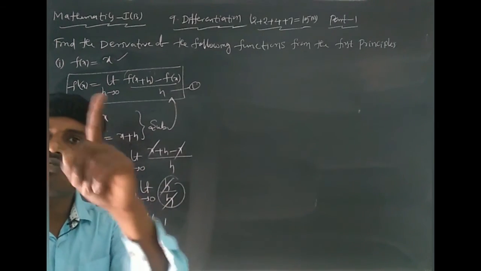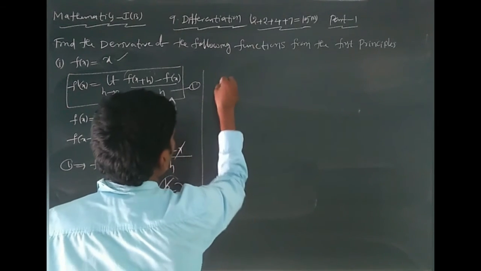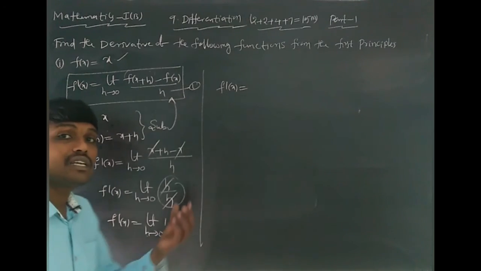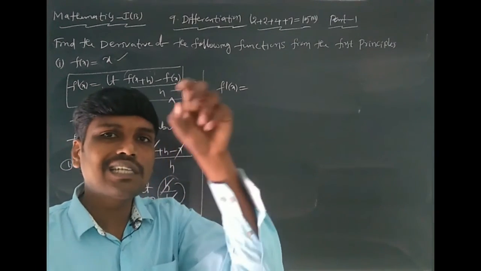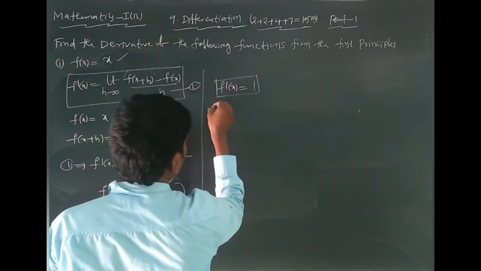What is the limit of 1? 1 is nothing but constant. Constant limit is always constant. You get 1. This is f dash x.